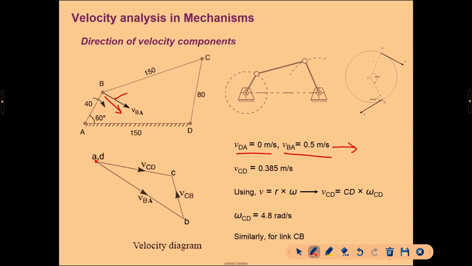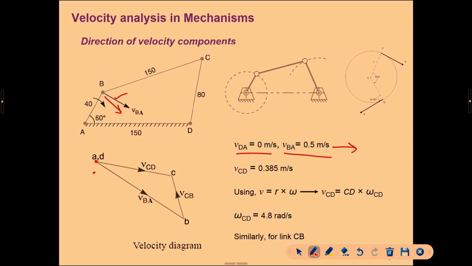Okay. You have to use an appropriate scale as per the space available in your drawing sheet or drawing note, and from A draw a line parallel to this direction, that is VBA, from point A in the velocity diagram, right.